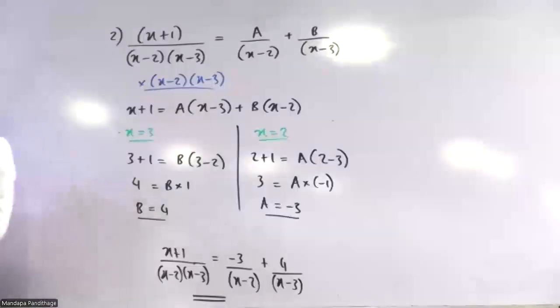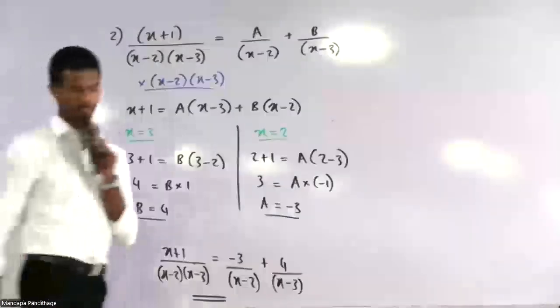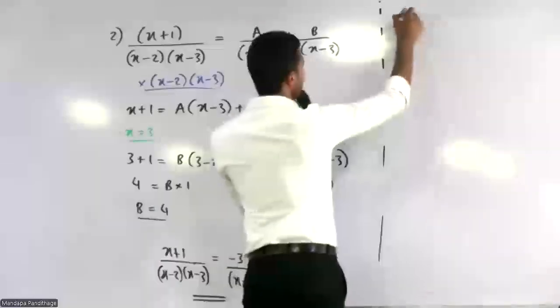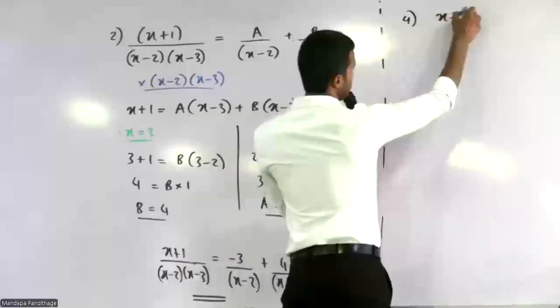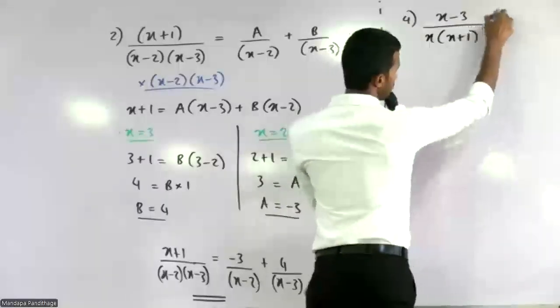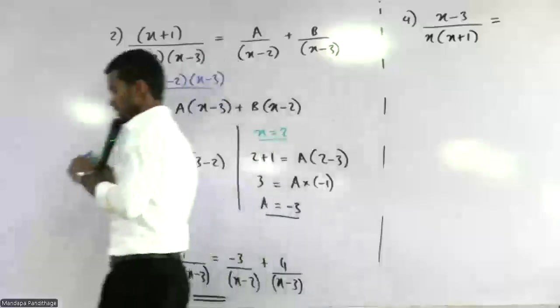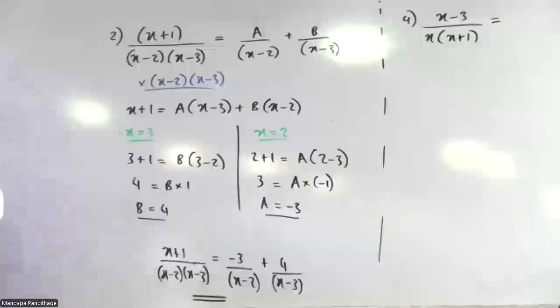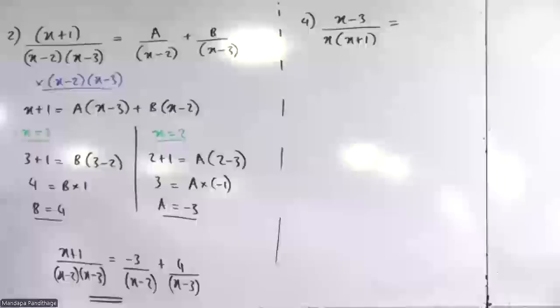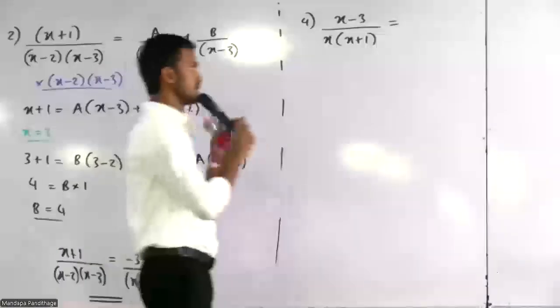Okay, then question number 4. X minus 3 divided by x times x plus 1. No? X minus 3 divided by x times x plus 1. Okay, this one, same thing.